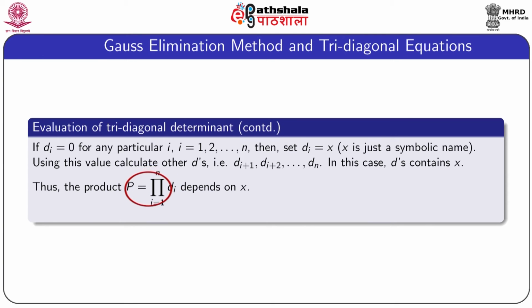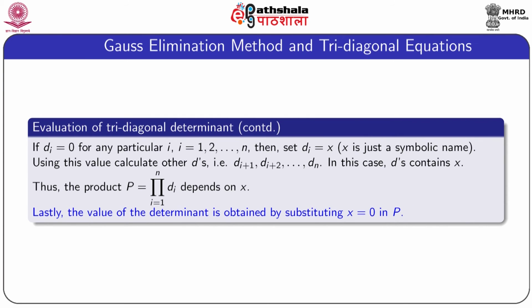And finally, the product P equal to the product of i equal to 1 to n of Di depends on the symbolic name x. And finally, the value of the determinant is obtained by substituting x equal to 0 in the expression of P. So, this is the modified method to find the value of a determinant for the tridiagonal case.